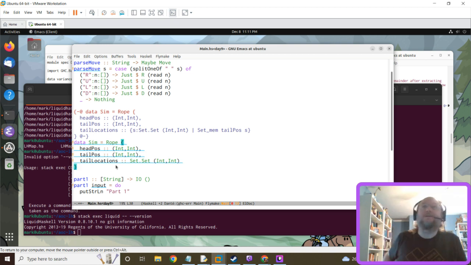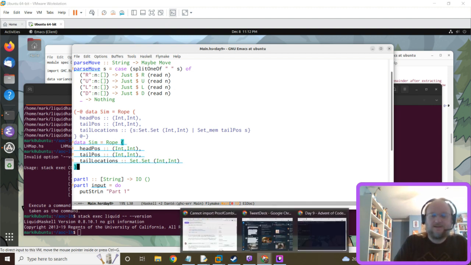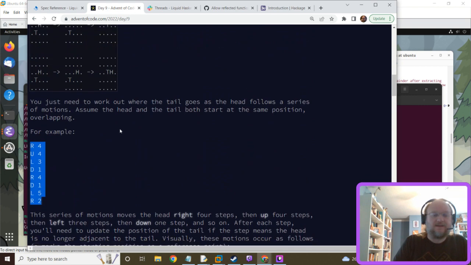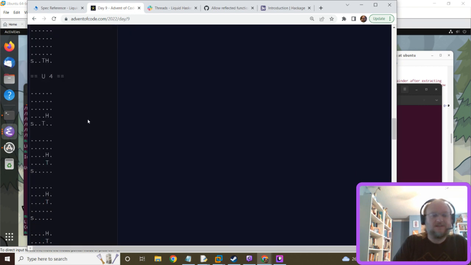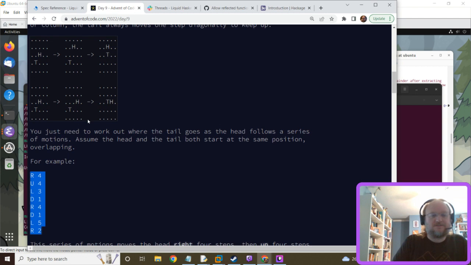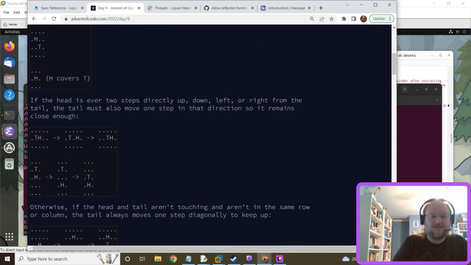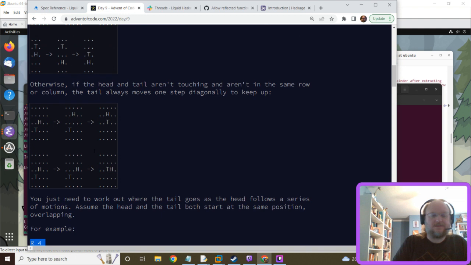So there's another invariant, which is that the tail has to be within one space of the head. This describes how it happens, but they have to be within one square.